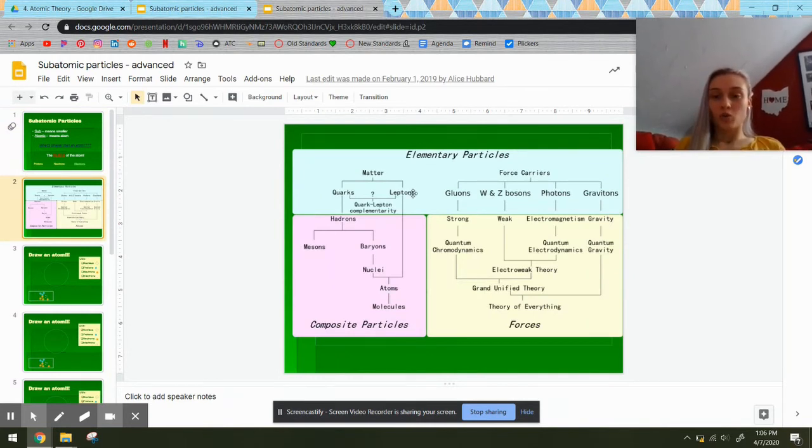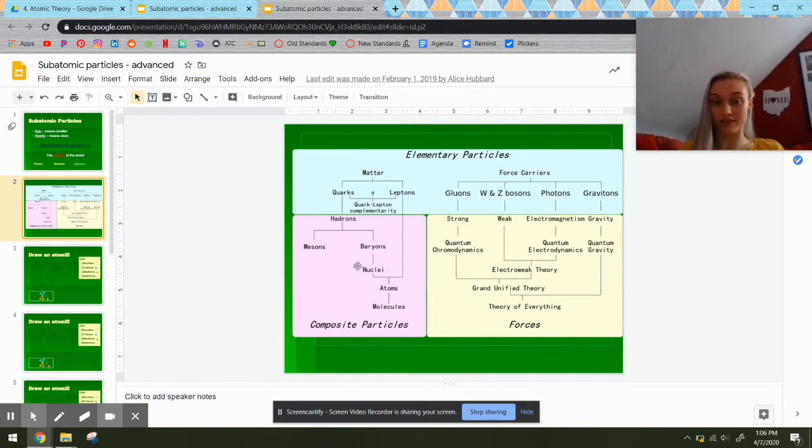So we have several different kinds of particles. This is not in your student version because I think it's a little bit confusing, but this is just telling you we have matter and we have particles within the matter, and those particles are molecules and atoms, and in those atoms we have nuclei, and then we have forces that keep everything together.